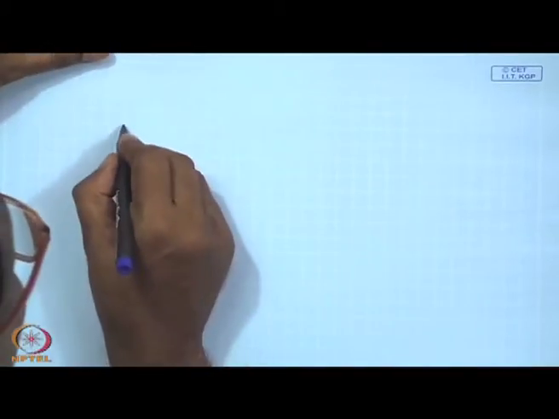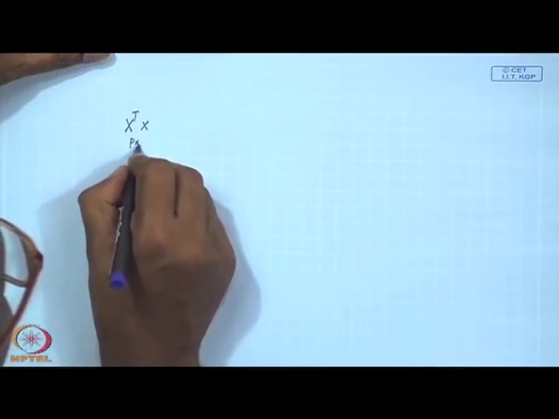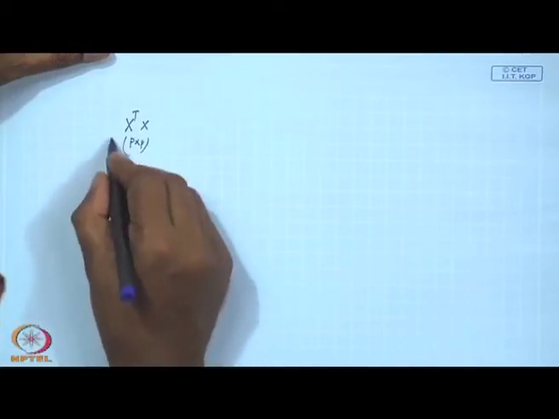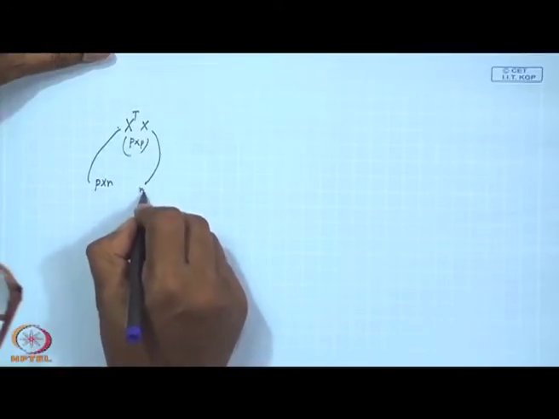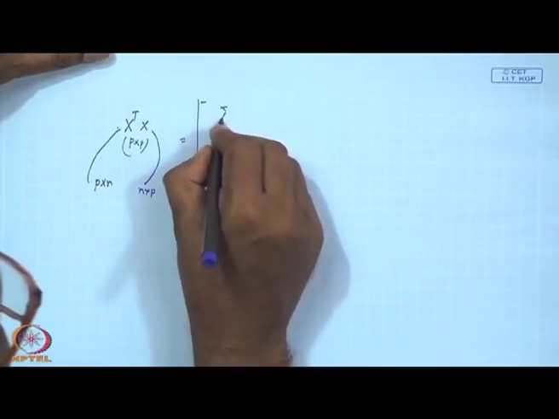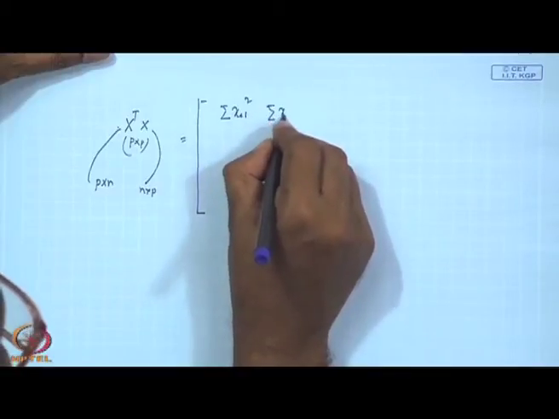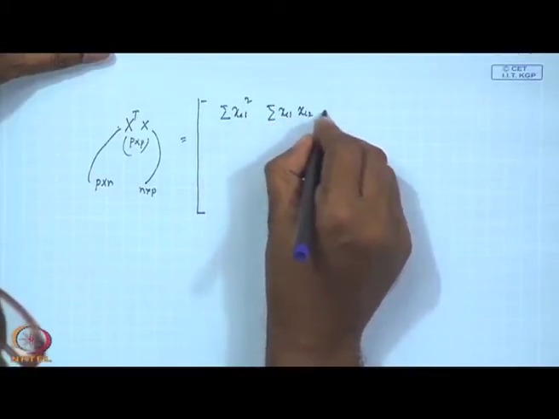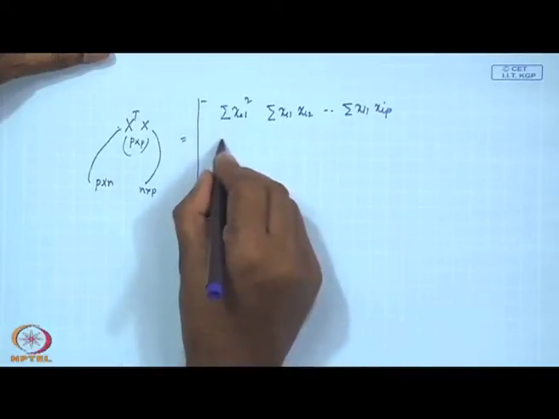Now, the same thing, if you think from the p variable point of view, then x transpose x will be p cross p, because x transpose is p cross n and x is n cross p. You will be getting like this. So, your matrix will be like this: sum of x i1 square, then x i1 x i2, then x i1 x ip.